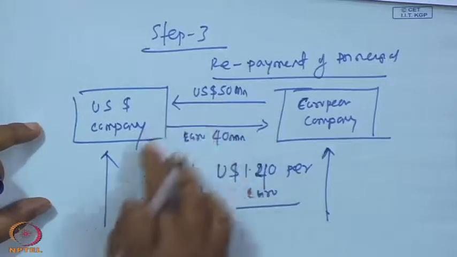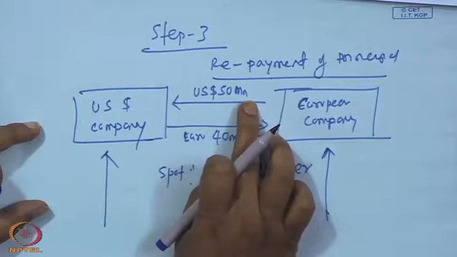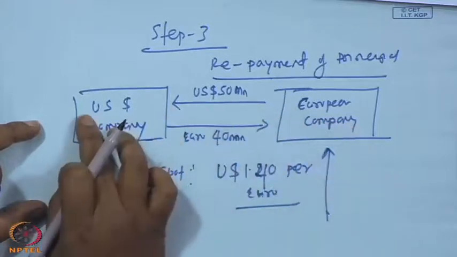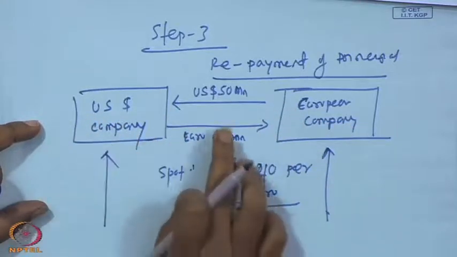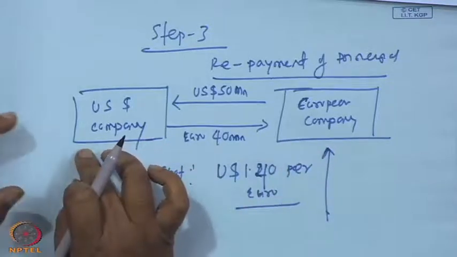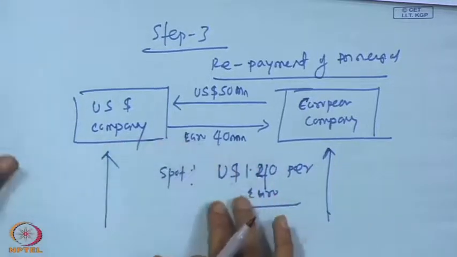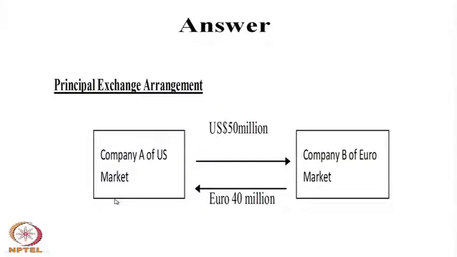That means 1.40 into 50 million for one side, and 50 divided by 1.40 for the other side. That is the last step 3 transaction, the rearrangement of principal amount. This is the process of currency swap.